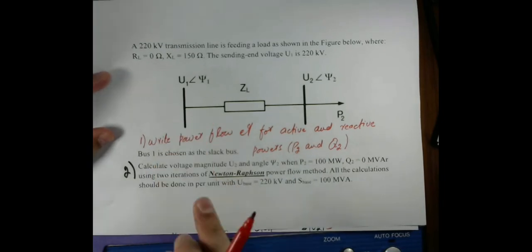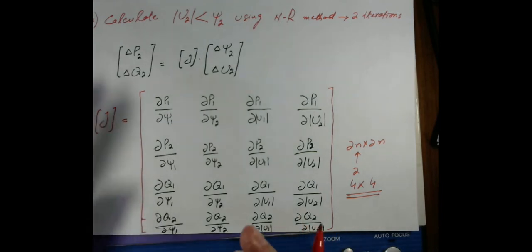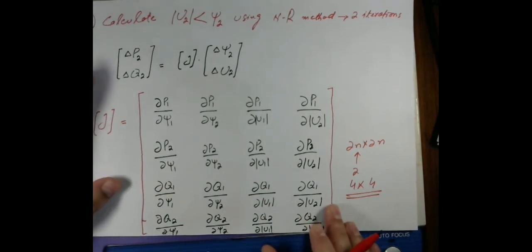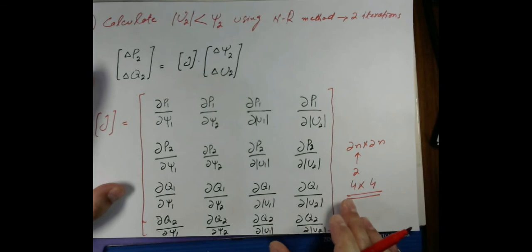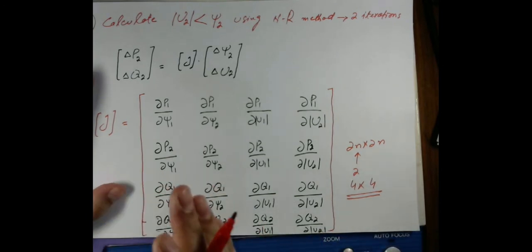So if we don't know the values, what do we do? The slack bus is not specified for the active and the reactive power, you know that by definition, and we discussed it in the class when we started discussing the power flow equations and the power flow problems. We already discussed the different types of buses.